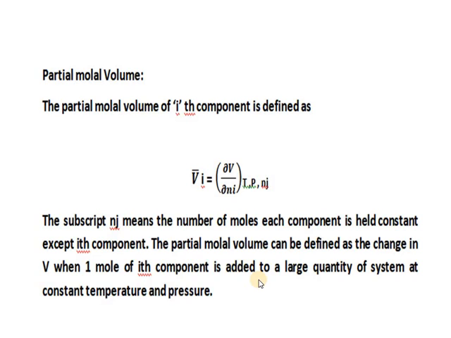The partial molar volume of the ith component is defined as Vi bar is equal to (∂V/∂ni) at T, P, nj, where nj means the number of moles of each component is held constant except the ith component.